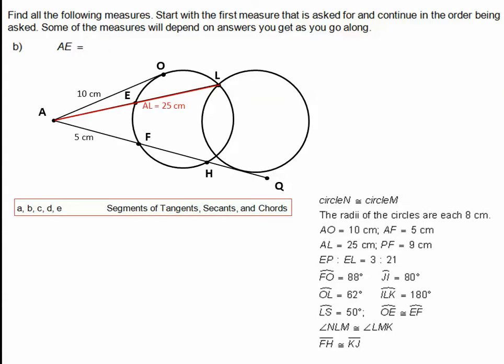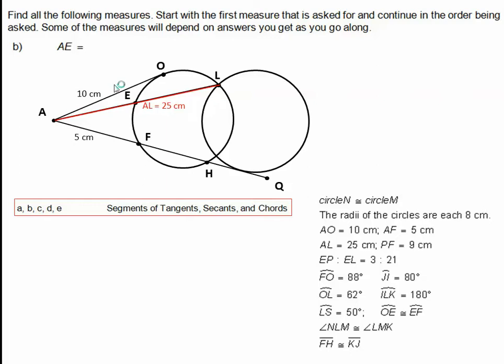Now for part B, they want you to find AE. And if you look, right here is AE, and then here is EL. Okay? They gave you the whole segment. AL is 25 centimeters. So you're going to use that given information, plus what you've already calculated, which is FH, to find out what the measure of segment AE is.